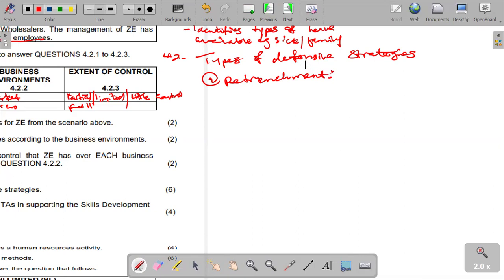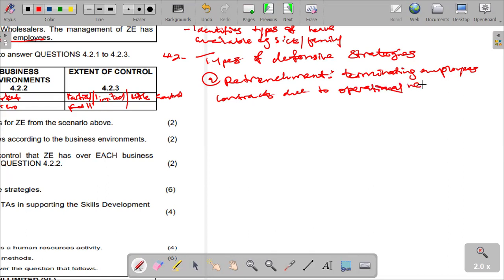Retrenchment has to do with terminating the employment contracts of employees due to operational reasons.